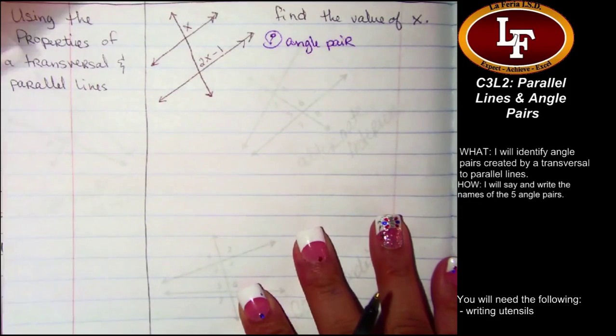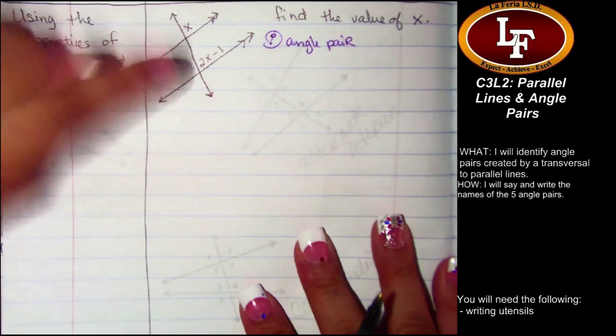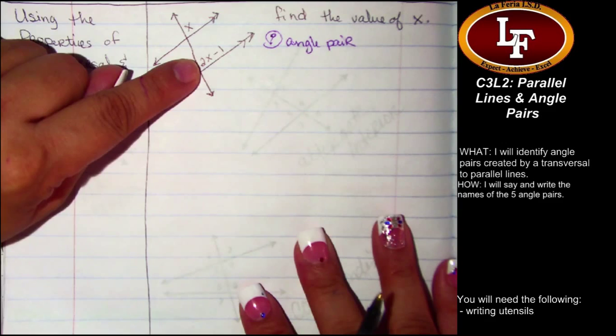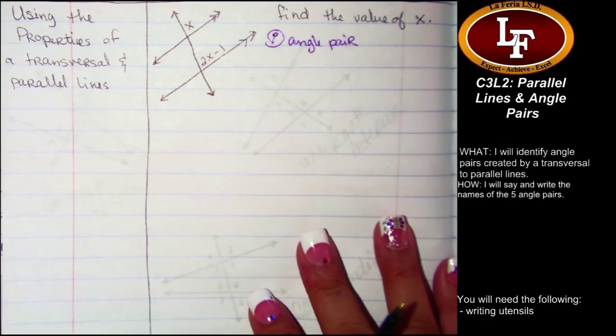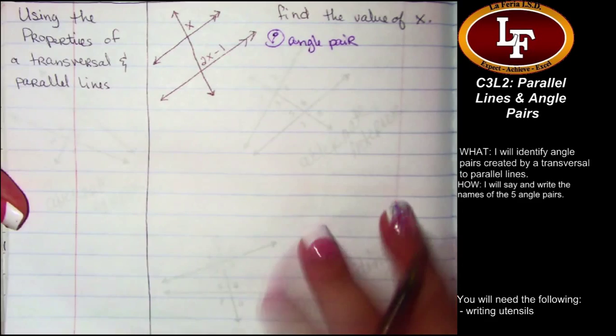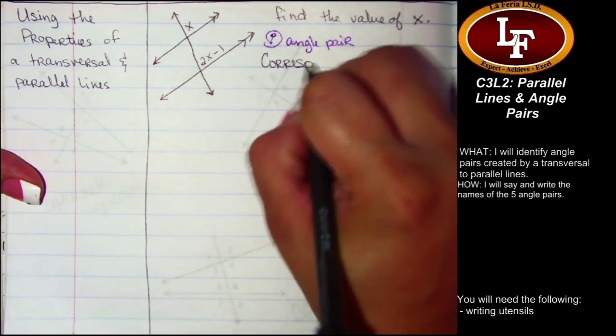I've got this angle here and this angle here, with my transversal. What's that angle pair named? Corresponding. Yes. So these are corresponding angles.